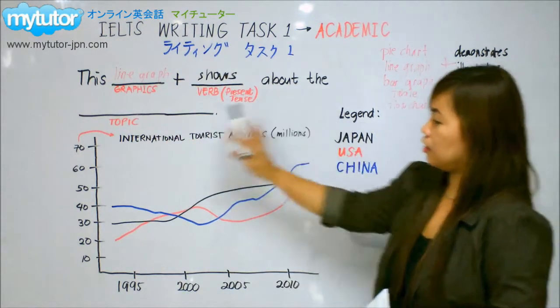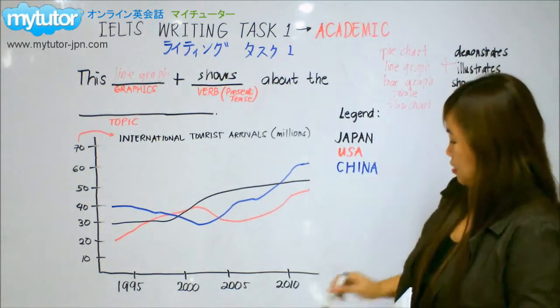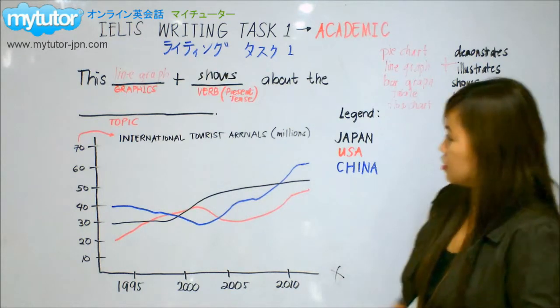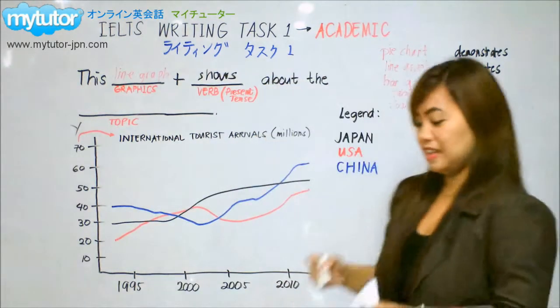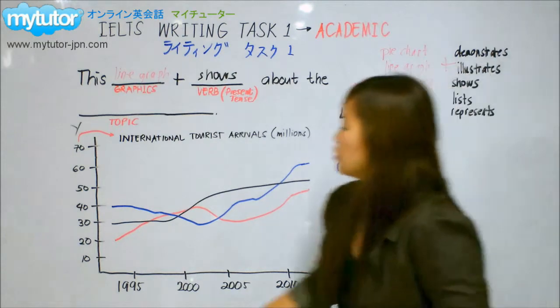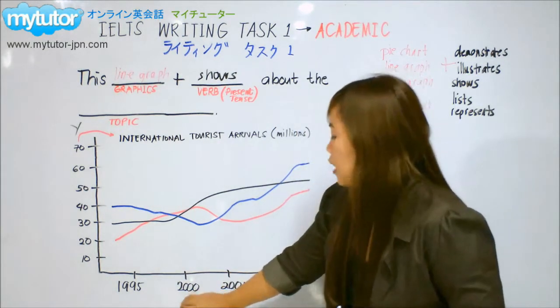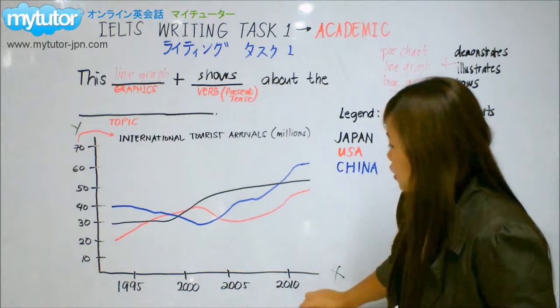So what is the topic here? As you see, we have the x-axis and the y-axis. In the x-axis, you see the years: 1995, 2000, 2005, and 2010.